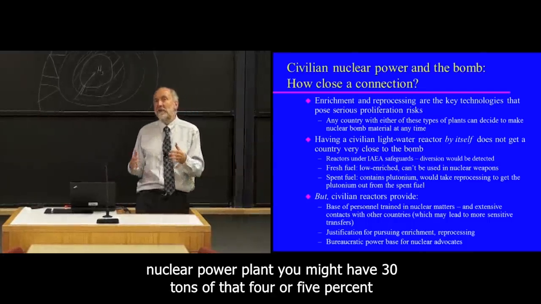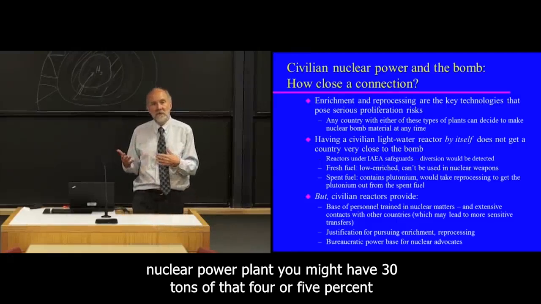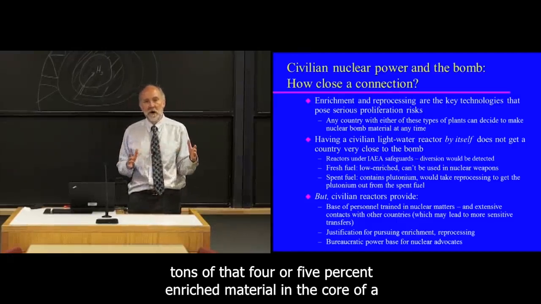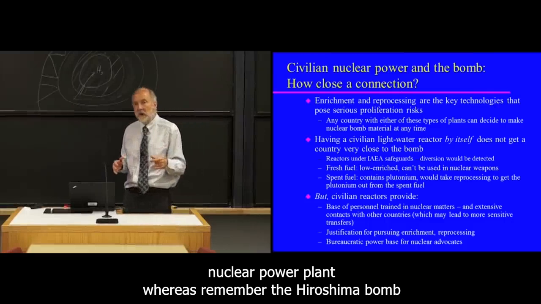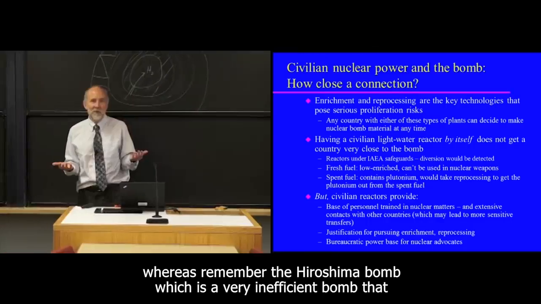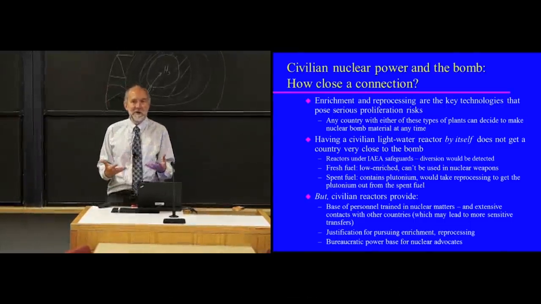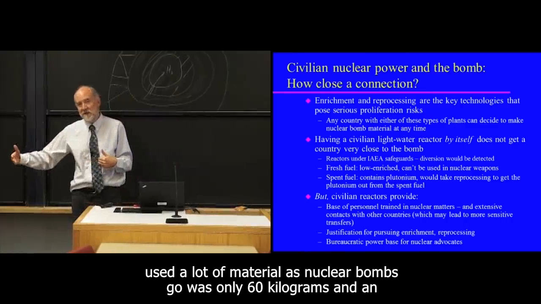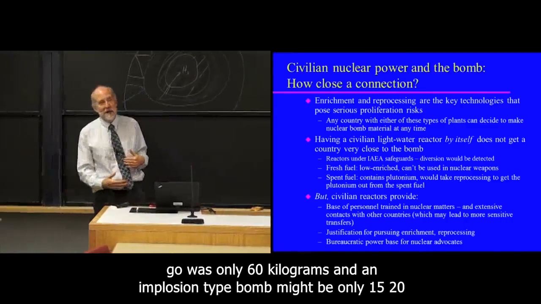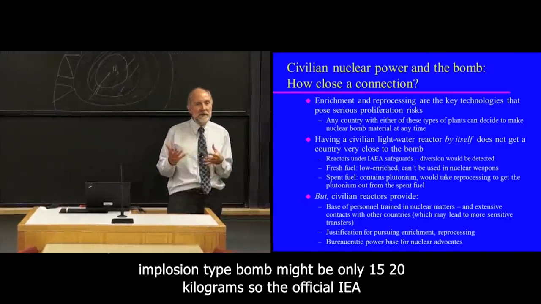You might have 30 tons of that 4 or 5% enriched material in the core of a nuclear power plant. Whereas, remember, the Hiroshima bomb, which is a very inefficient bomb that used a lot of material as nuclear bombs go, was only 60 kilograms. And an implosion type bomb might be only 15, 20 kilograms.